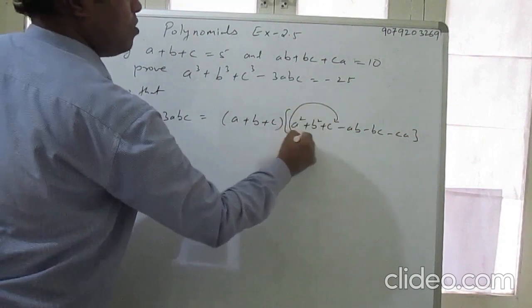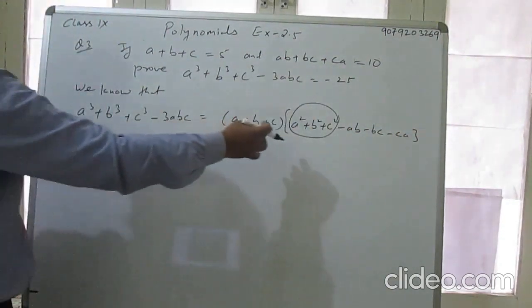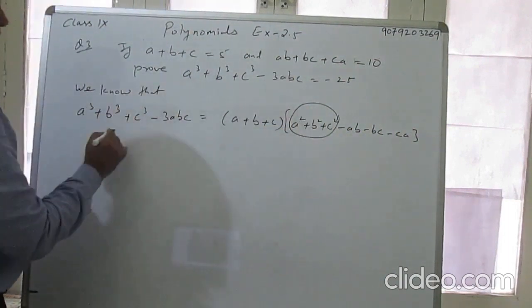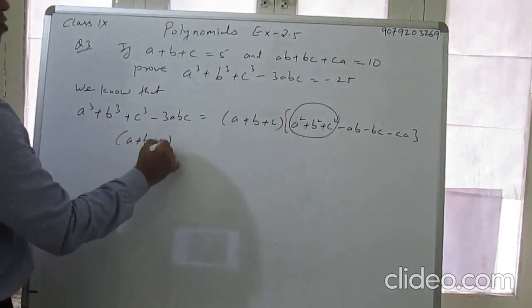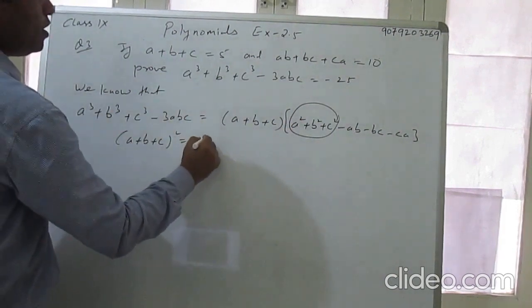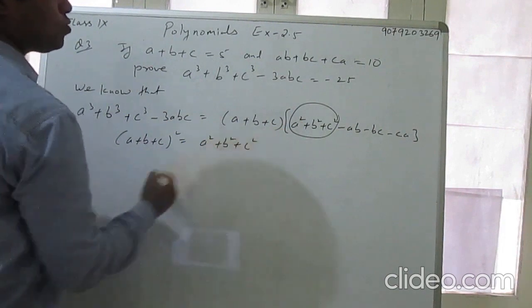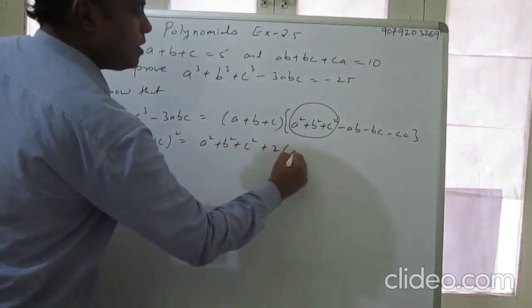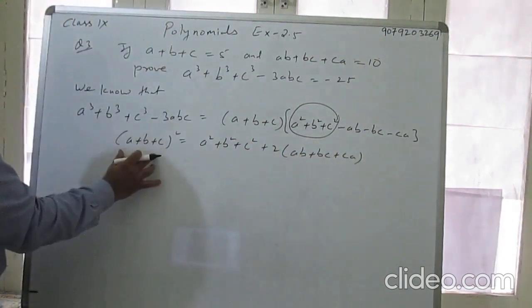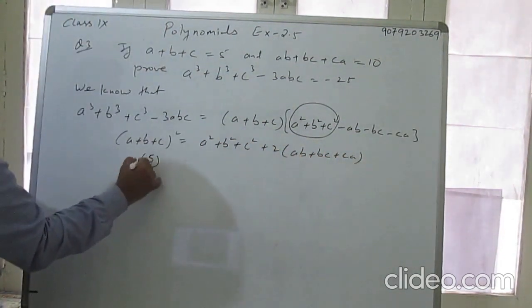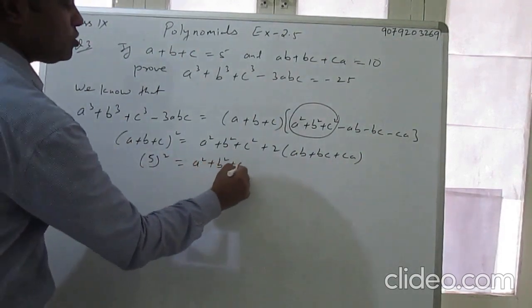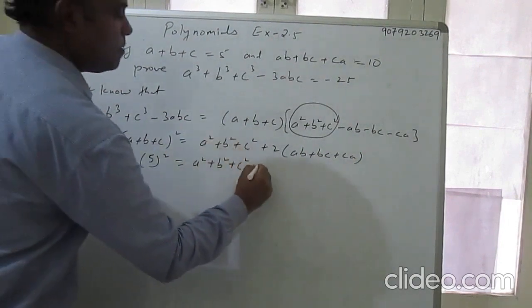We don't know the value of this. So first we calculate the value of a square plus b square plus c square. So we use the identity a plus b plus c whole square is equal to a square plus b square plus c square plus 2 common, ab plus bc plus ca. Now putting the values, what is a plus b plus c? 5 का square, and a square plus b square plus c square अपन को find करना है, plus 2.